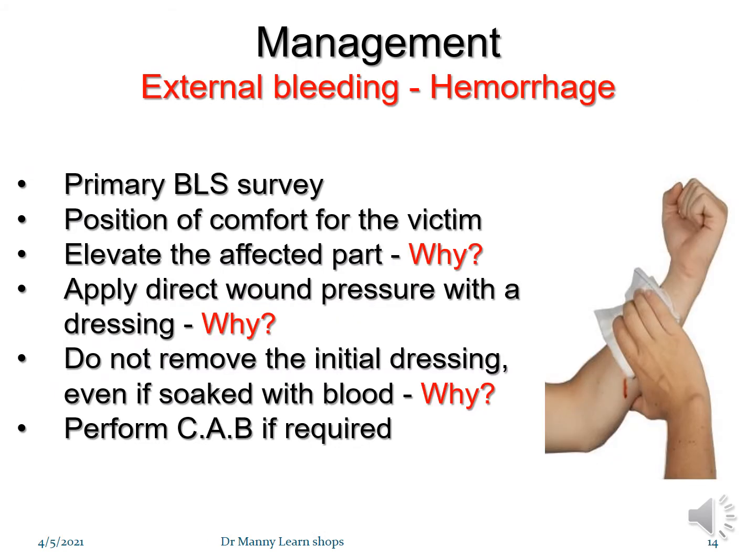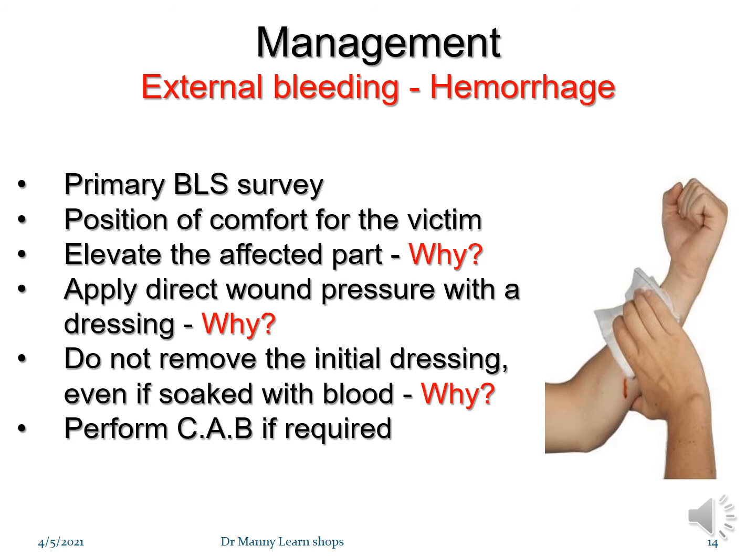When it comes to the management of external bleeding, always remember your primary basic life support survey, which basically means airway, breathing, circulation. And if required, you will do compressions, airway, breathing, CAB.